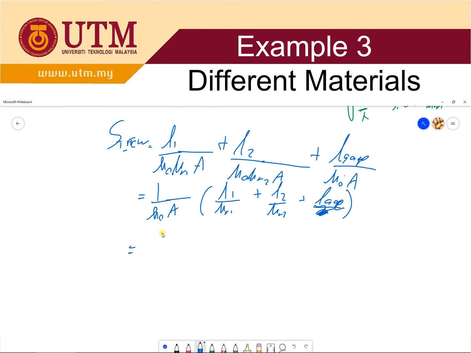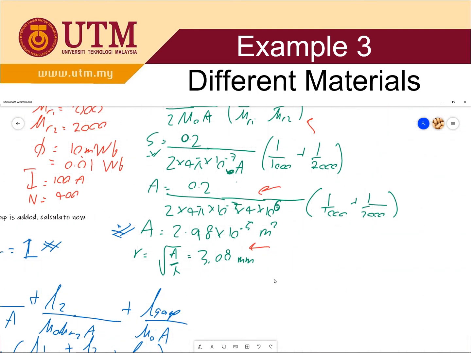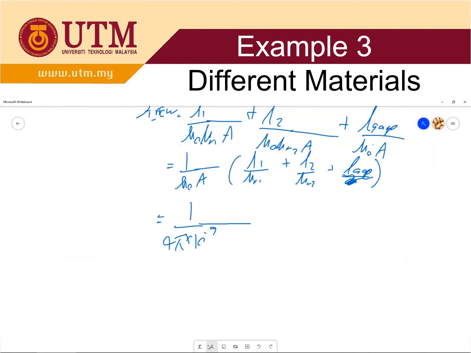1 divided by 4 pi multiplied by 10 to the negative 7. The area, let me check back, is 2.98 multiplied by 10 to the negative 5.